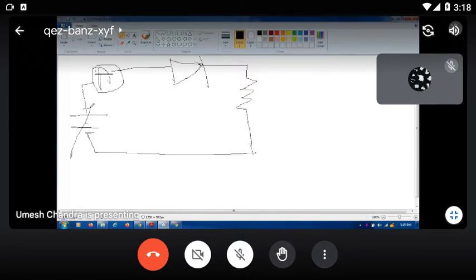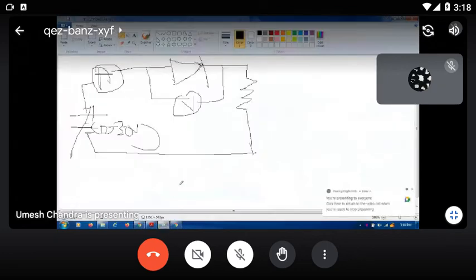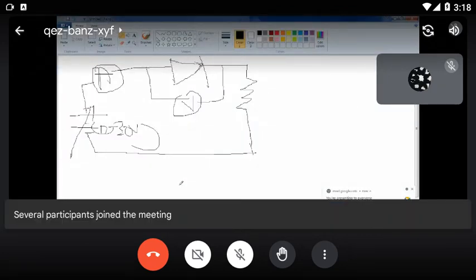In this circuit diagram, the maximum current can flow through the ammeter in series connection. Maximum current flows to the ammeter.